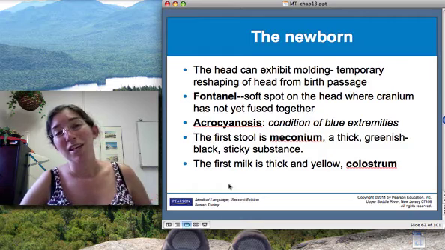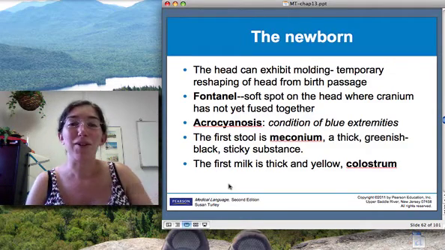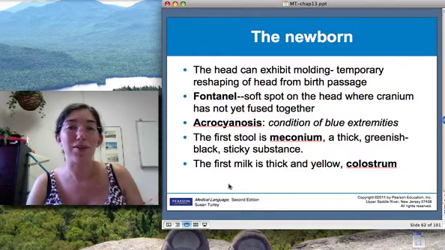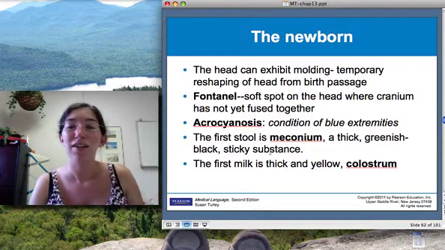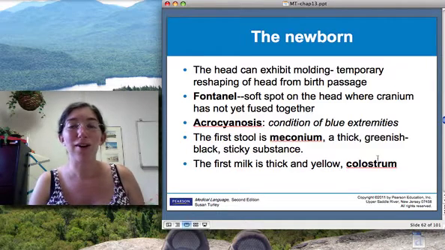And then also a little bit of breast milk, the colostrum, which is the first breast milk that comes out of the breast. It's very thick and very nutritious. So that colostrum also has a laxative effect, which helps them to produce this meconium.